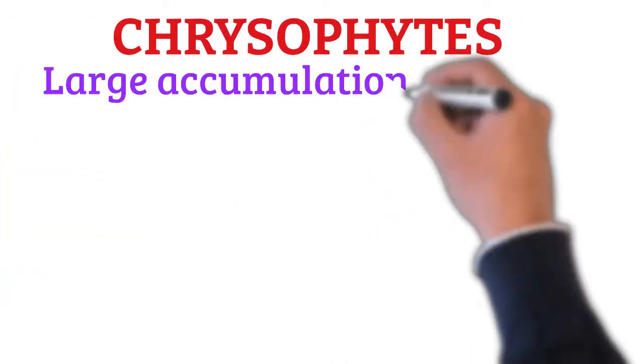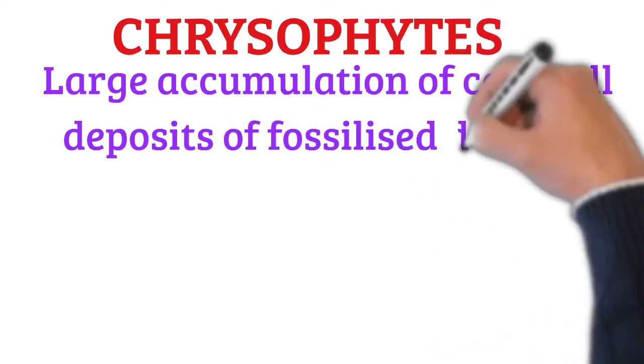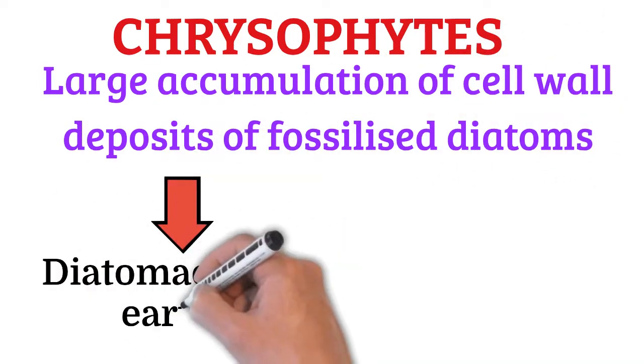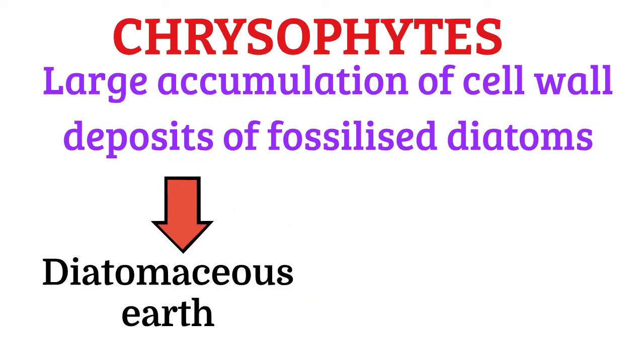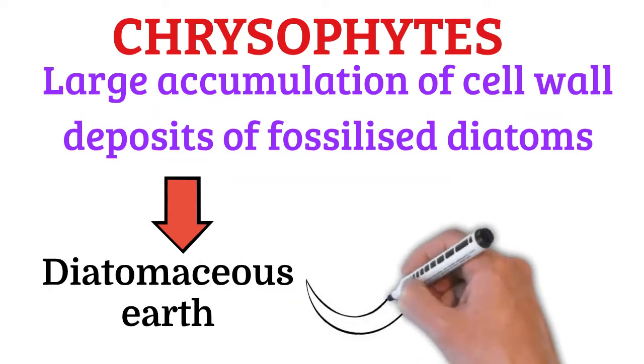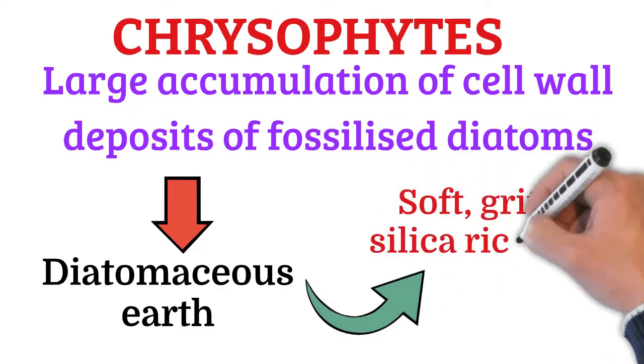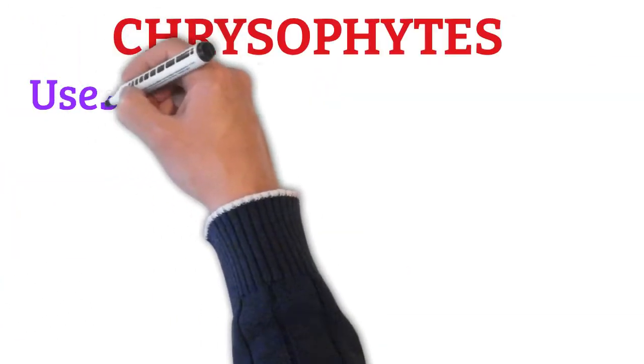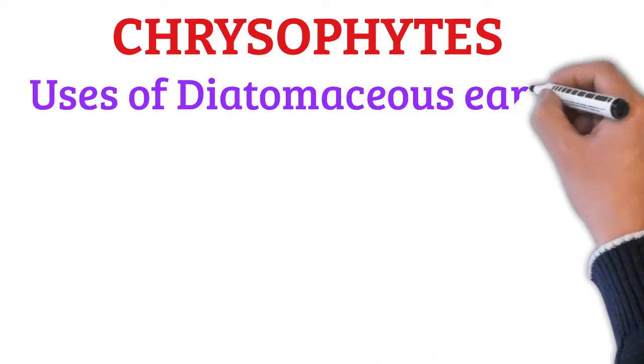The large accumulation of cell wall deposits of fossilized diatoms over billions of years is called diatomaceous earth. Diatomaceous earth is soft, gritty, silica-rich soil. Now, what are the uses of diatomaceous earth?